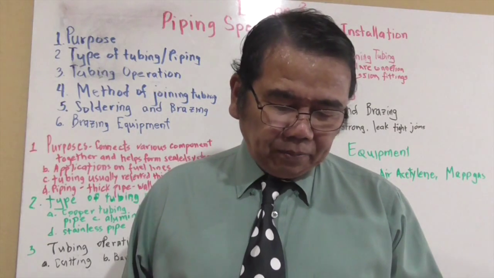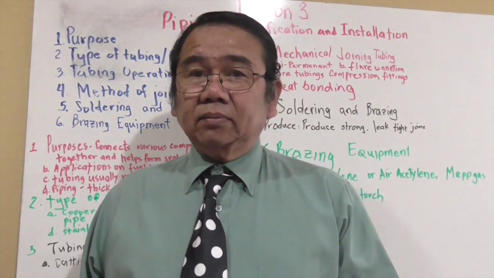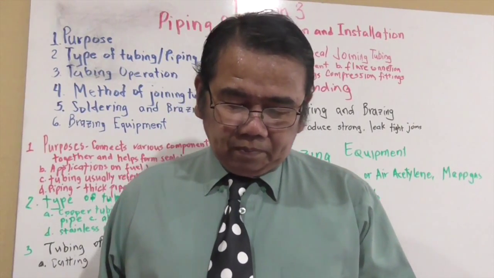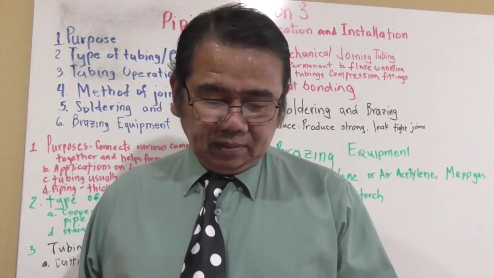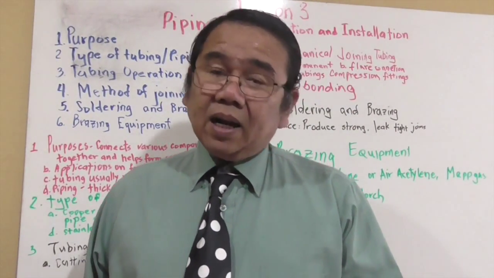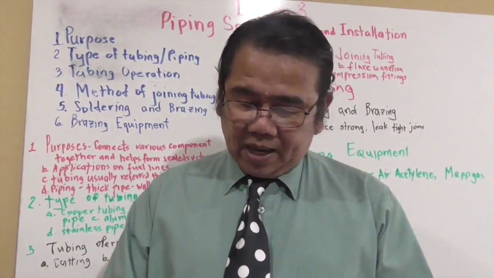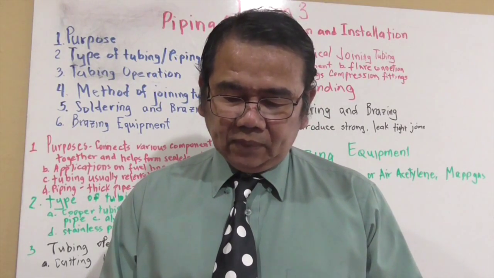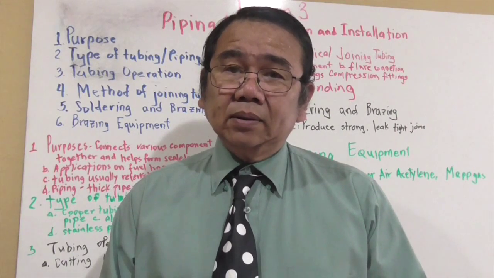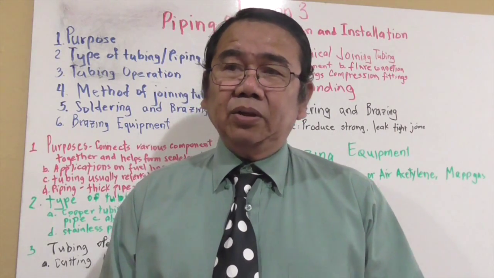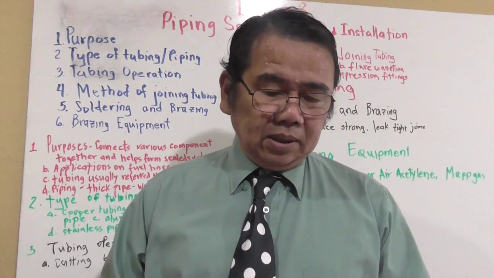A spring type tubing bender is available. It helps keep tubing from collapsing. It is relatively inexpensive and comes in the most common sizes. Those are the simplest tube benders that we can use for small sizes.